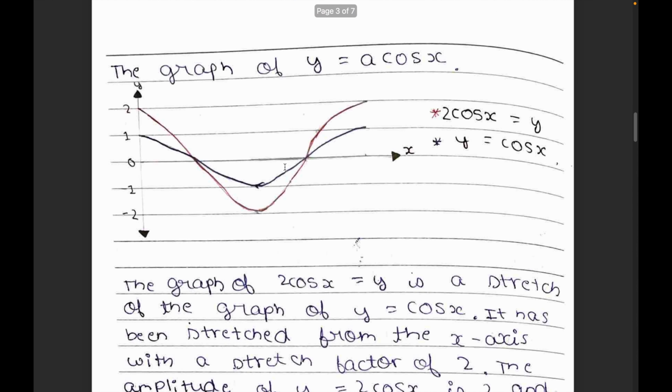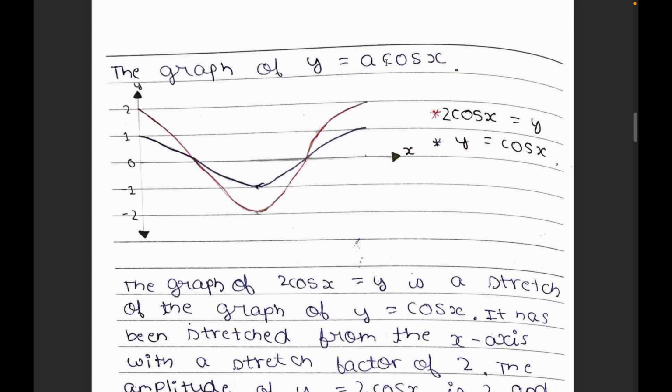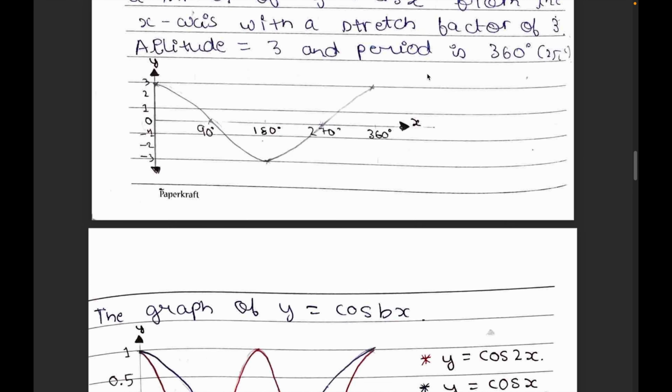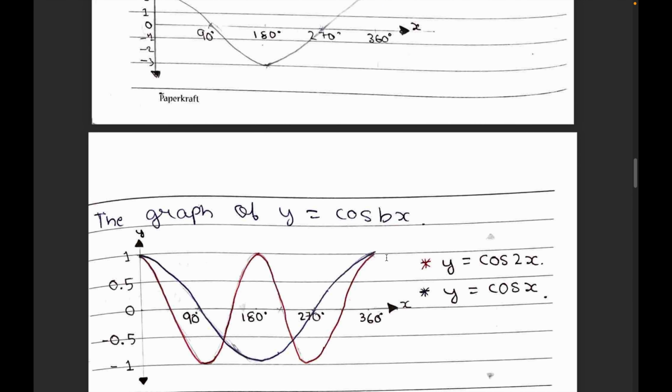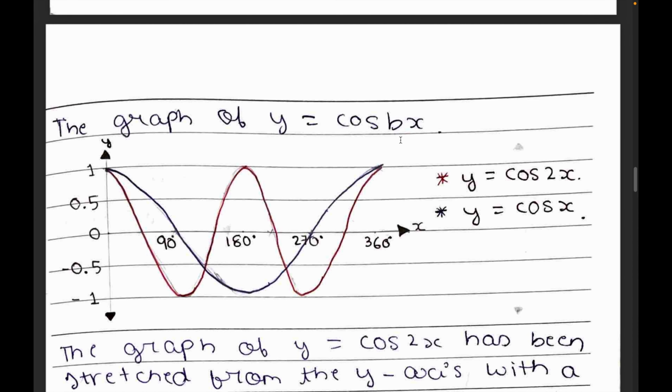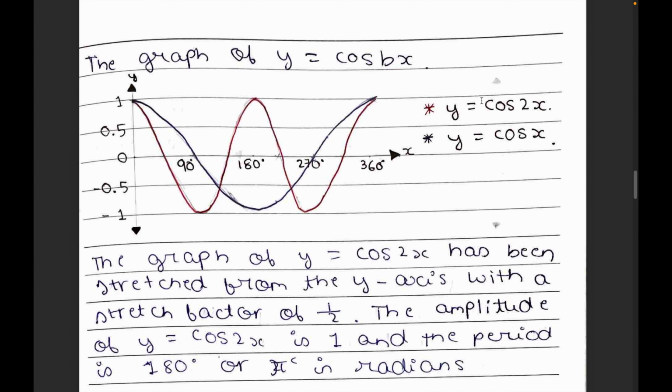Okay, now that we've covered what y equals cos x does, let's look at cos bx. As we discussed previously, the period is gonna be 360 by b. So if we have cos 2x, then the period would be 180 degrees. So it keeps repeating.